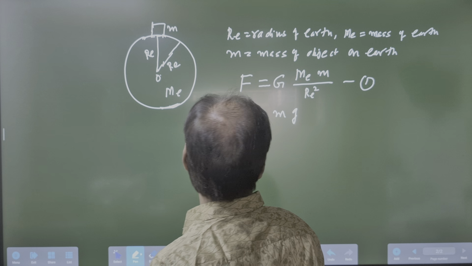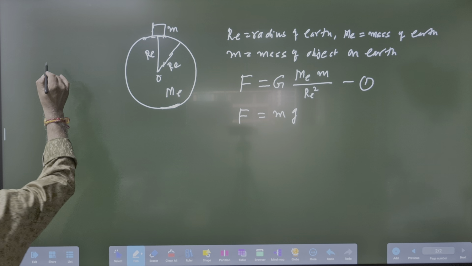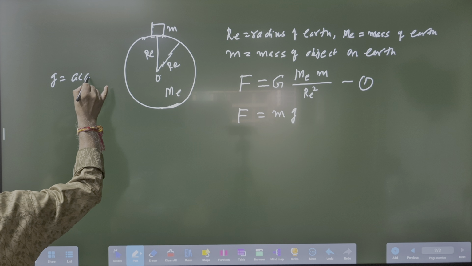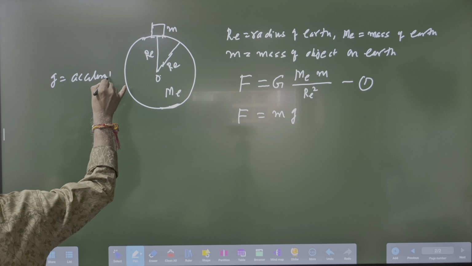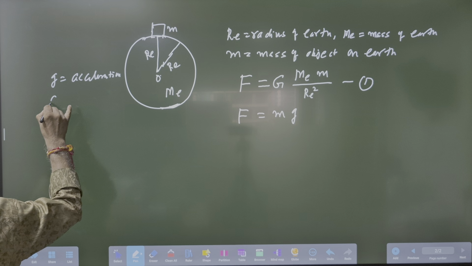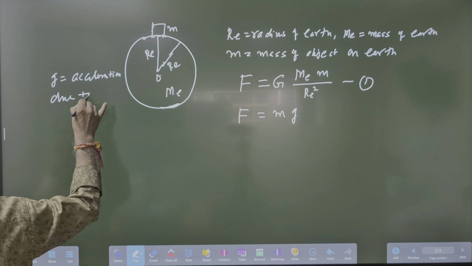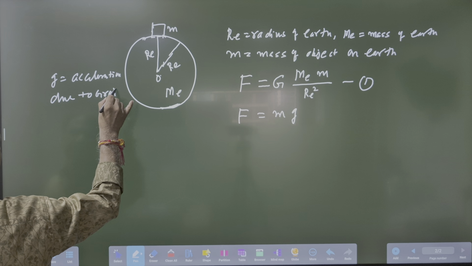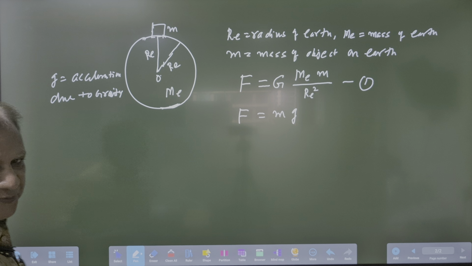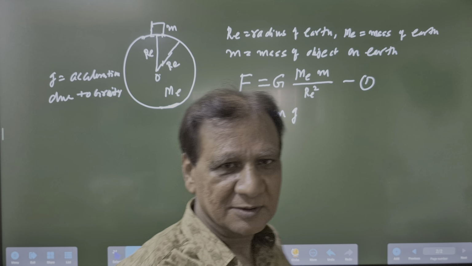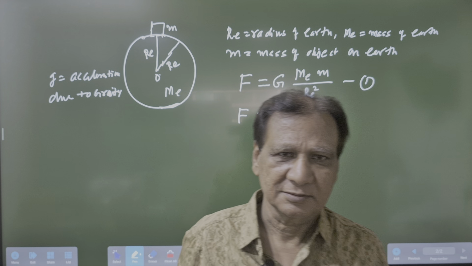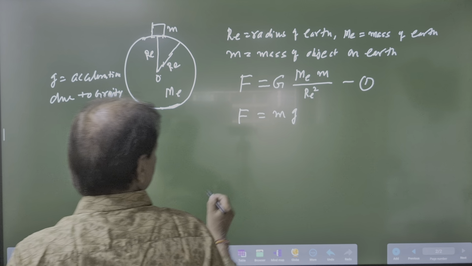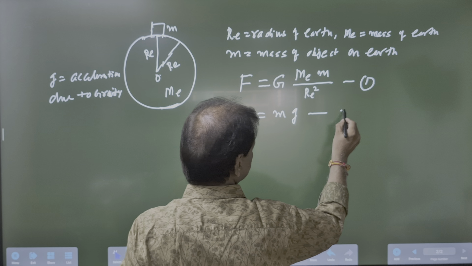So g is the acceleration due to gravity. Gravity means force, or gravitational force by the Earth. So this is equation 2.